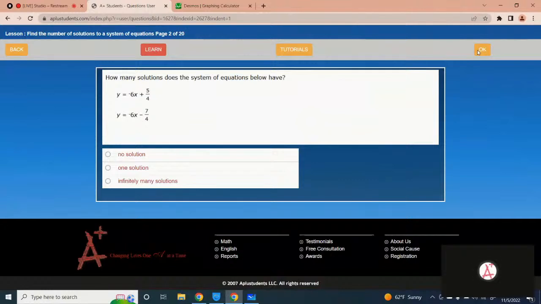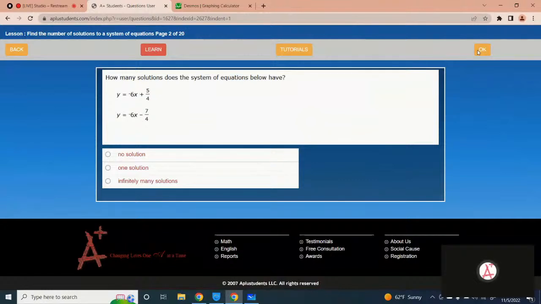How many solutions does the system of equations below have? y equals negative 6x plus 5 by 4 and the second equation is y equals negative 6x minus 7 by 4.